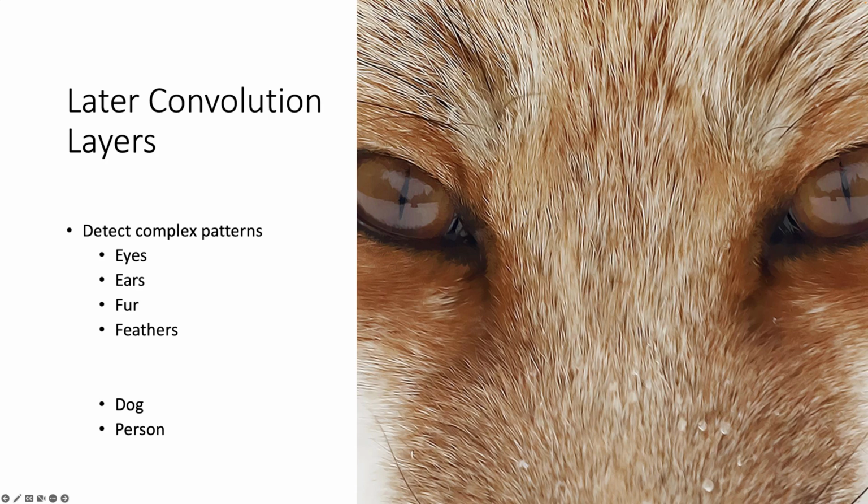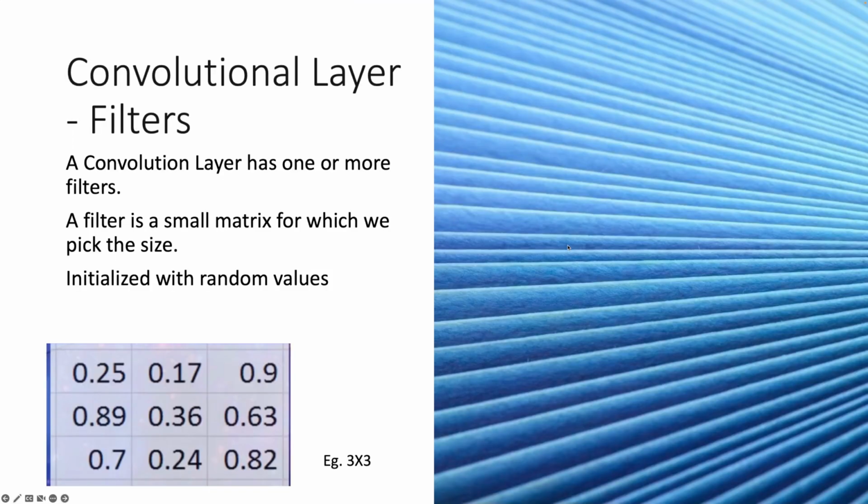So what we need to do is talk about the concept of filters. So a convolutional layer has one or more filters, and what that is just a matrix, and we will pick the size for it. And when we want to learn what these filters should be, they will be initialized with random values. However, in the samples, we're going to be looking at some predetermined filters here.